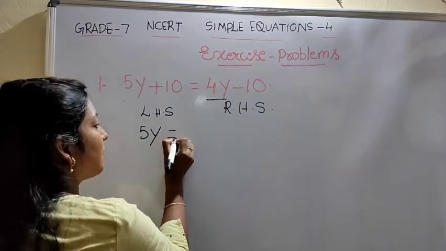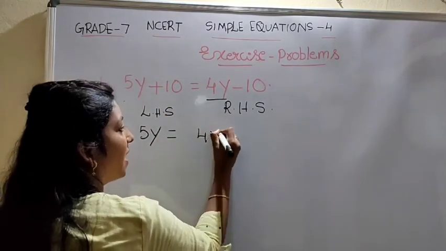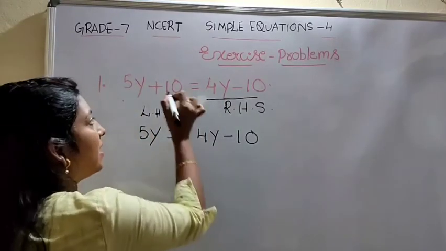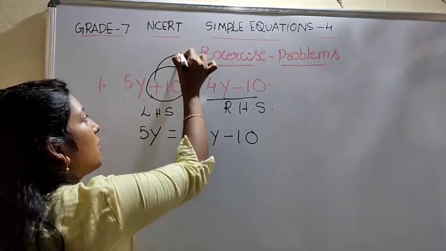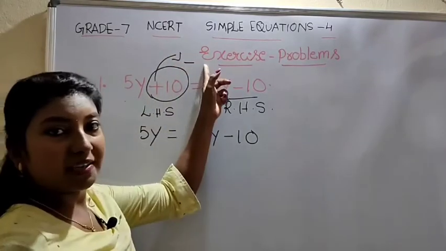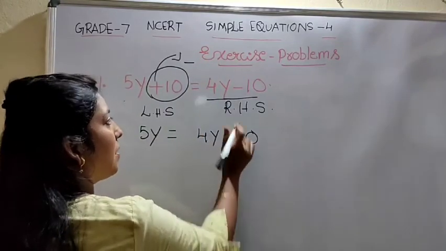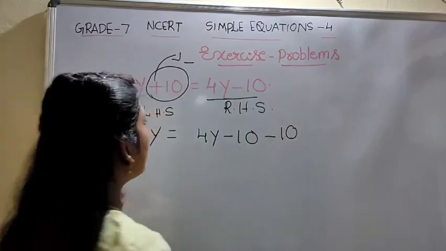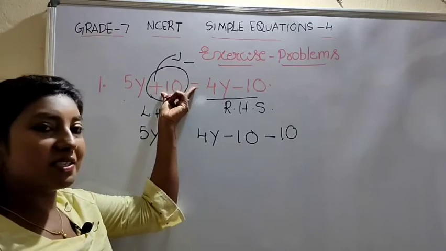So first 5y gives 4y minus 10. Here I have written the same. When I am transposing this, the sign will change to minus. If we have plus, it will become minus. So 4y minus 10 and minus 10, because we have changed the side of the constant.